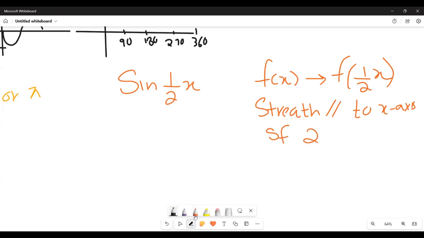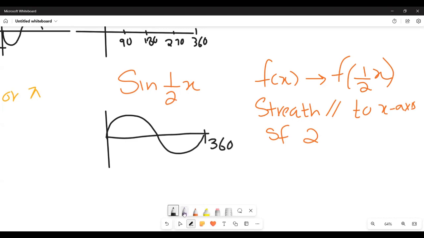So the original sine graph looks like this, which completes one cycle between 0 and 360 degrees. This one will complete half a cycle between 0 and 360 degrees.